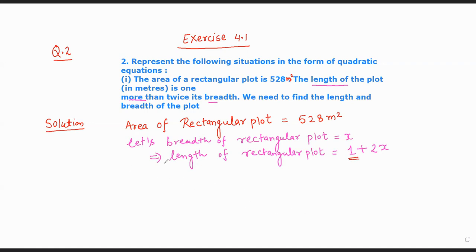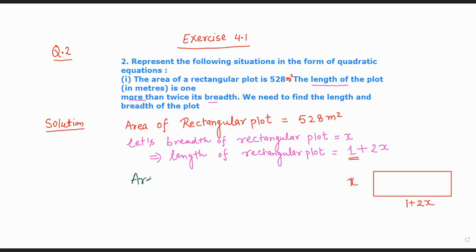Now, dear student, we can apply the formula for the area of a rectangular plot. If we have a rectangular plot like this, the length is 1 plus 2x and the breadth of this plot is x. Now let's apply the formula.